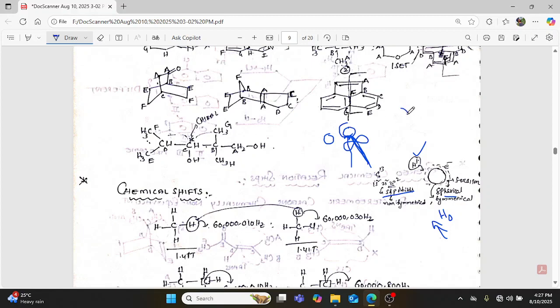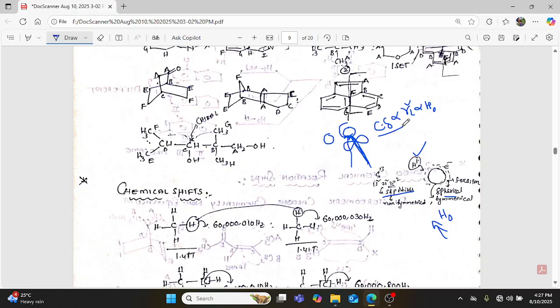Already we know that the precessional frequencies are directly proportional to the strength of the external magnetic field. If this nucleus experiences 100% influence of the external magnetic field, automatically what happens? 100% precessional frequency will be increased, or not? If the 100% precessional frequency is increased, what happens? 100% chemical shift value will be increased, or not?